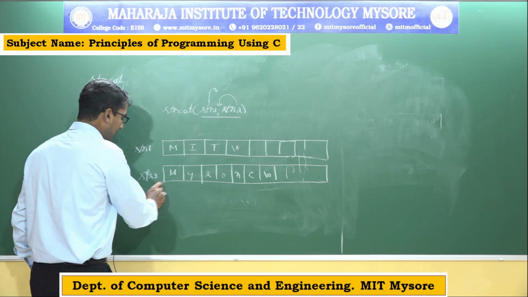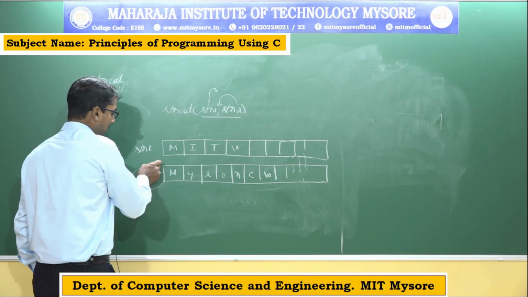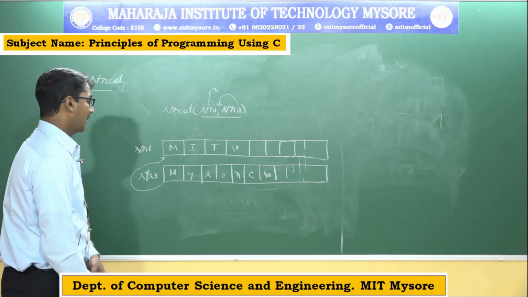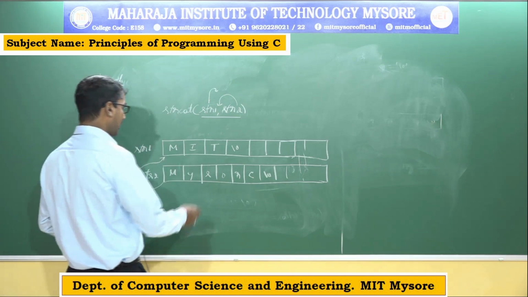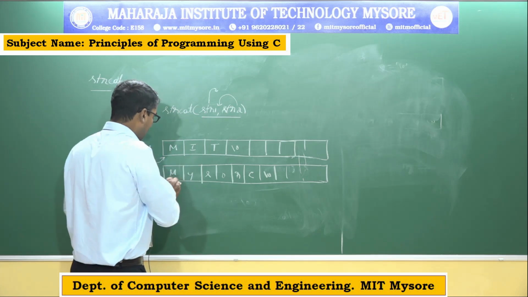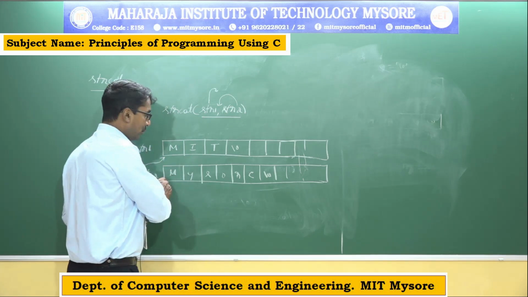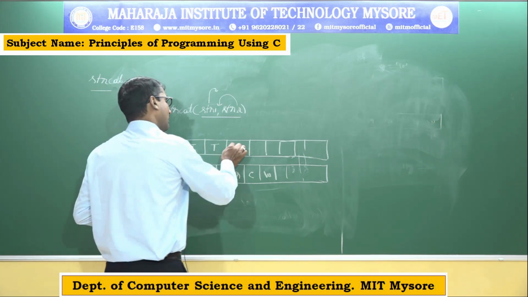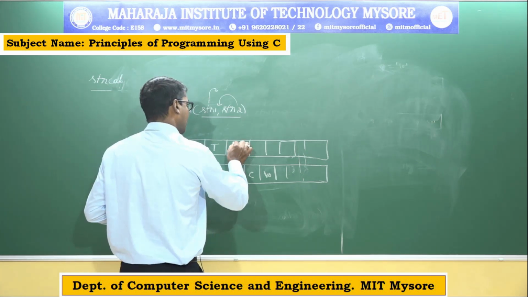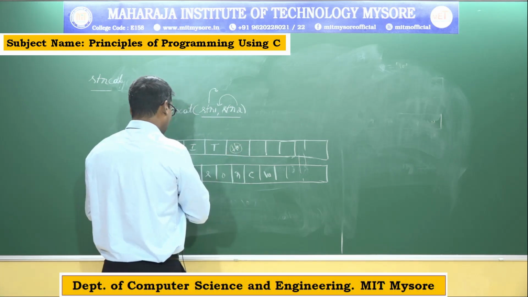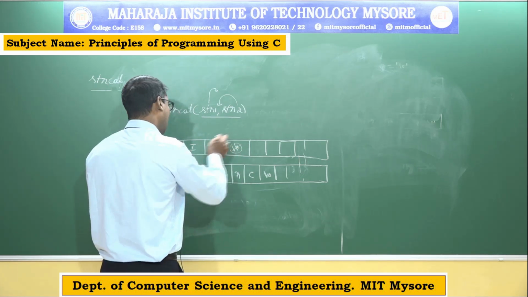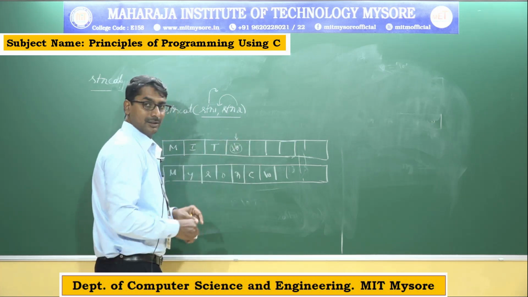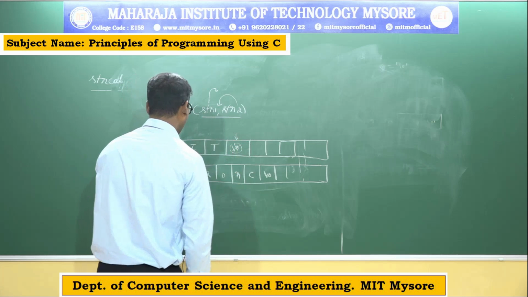Now we need to append the content of str2 to str1. So when you perform string concatenation operation, here the value of str2 will be joined to str1. So where the null value will be removed, then the content of str2 will start appending from the location null. So from this location the value will be appended.